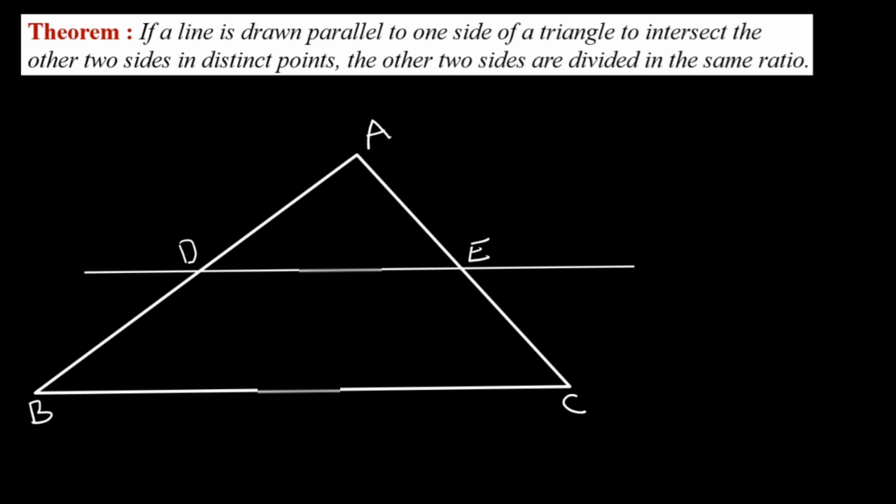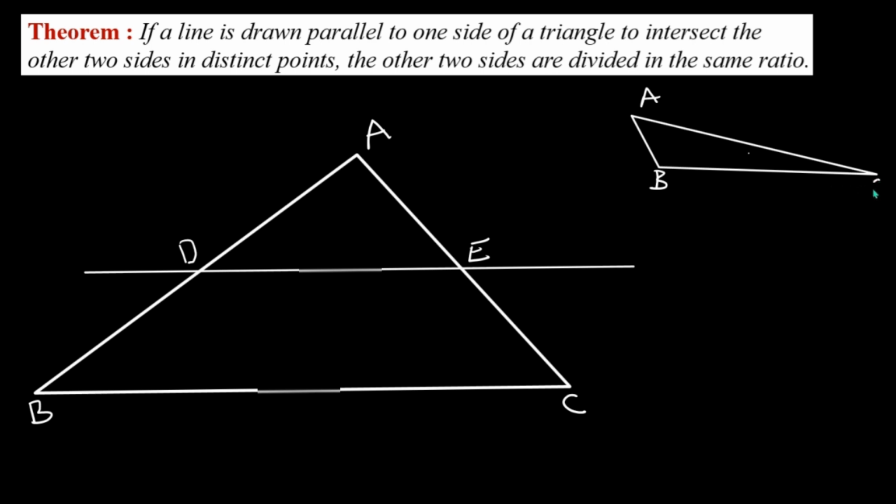To prove this, we take 2 things. You need to know the triangle area formula. I'm re-explaining the triangle area for a minute to understand better, because it is very important to prove this theorem. For example, I have taken triangle ABC.